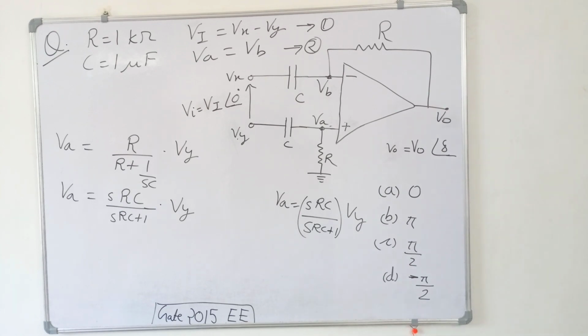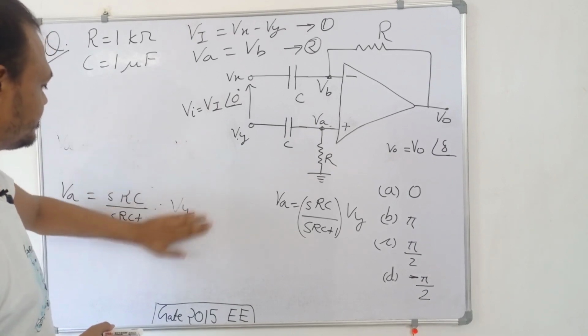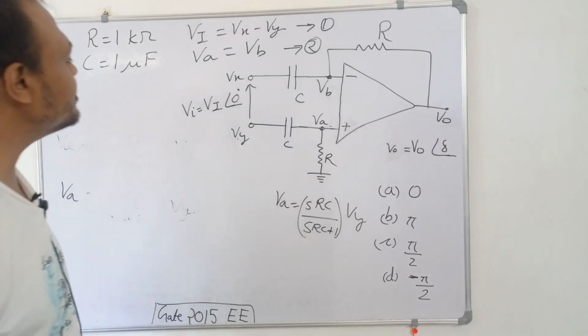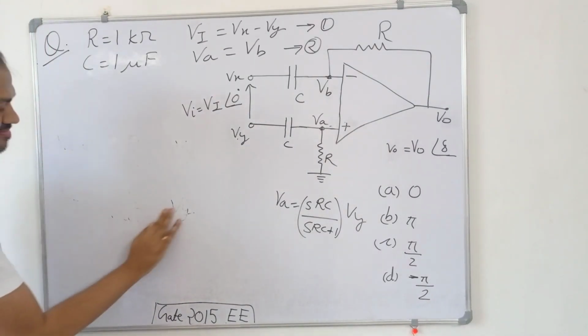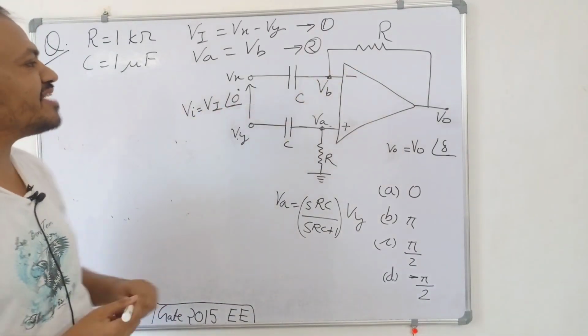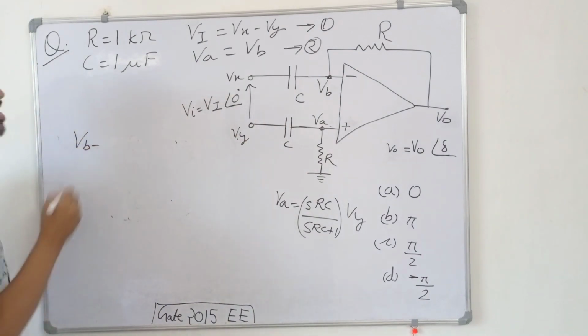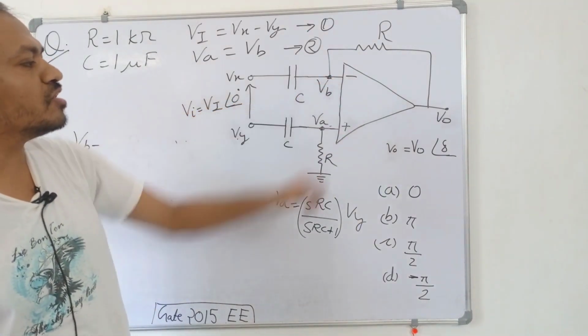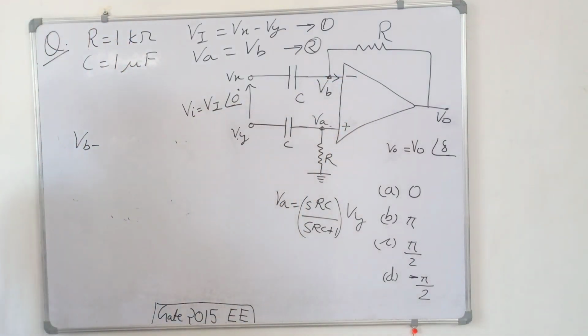So now we will find the value of voltage Vb. So apply Kirchhoff current law here. So obviously this current which is going inside the op-amp terminal has to be 0.